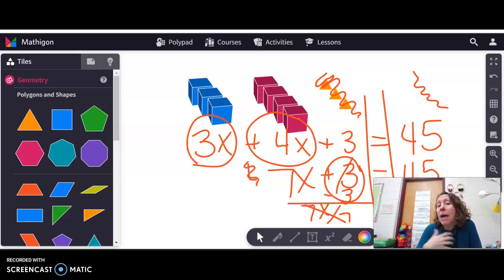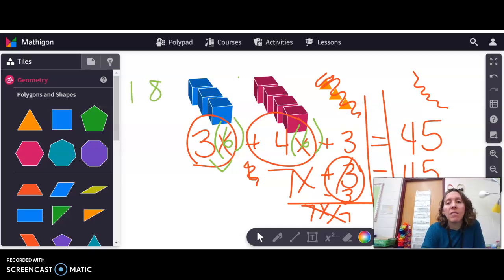Now we can go back and we can check our answer to see if we're correct. So I'm going to quickly swap to green here. All right, I'm going to go back and I'm going to replace each of these x's with 6. Okay, 3 times 6, that's 18. 4 times 6 is 24.